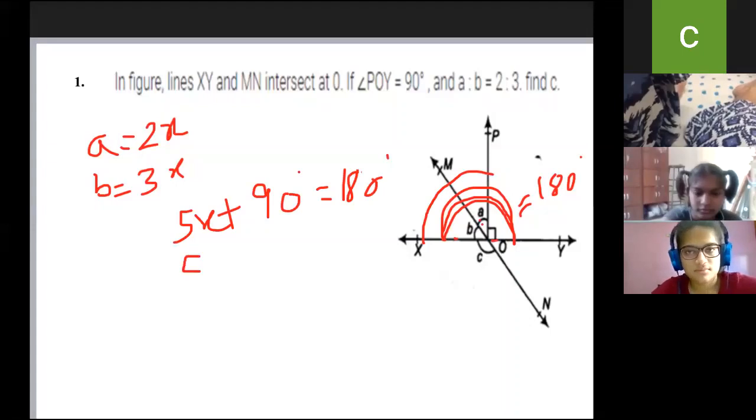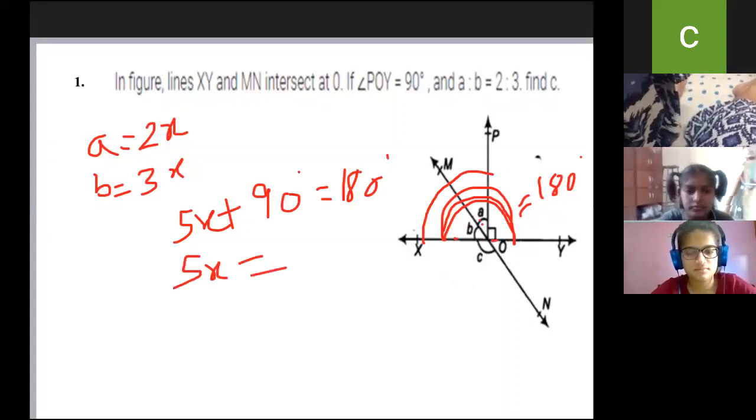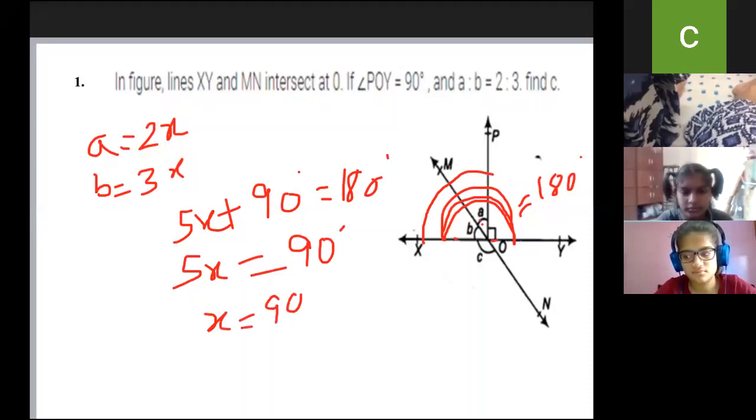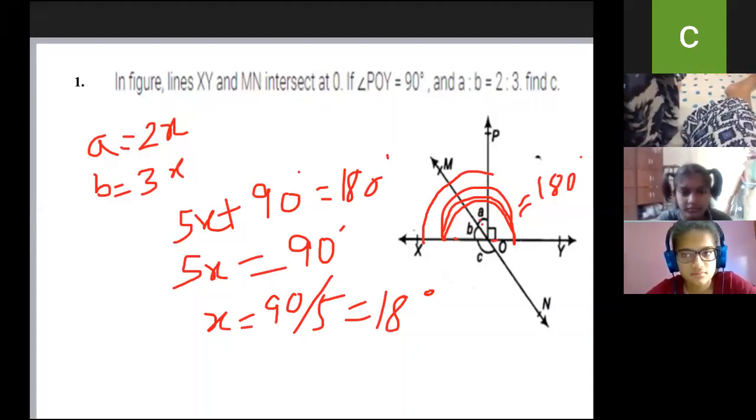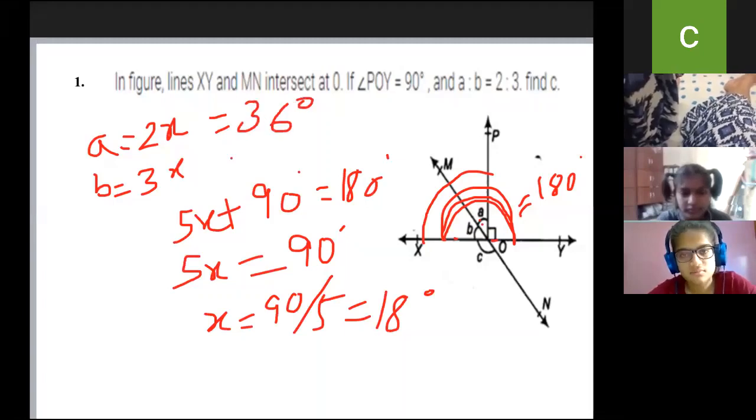So 5x equals 180 minus 90, which gives 90. x equals 90 by 5, which gives 18 degrees. Got it? Yes, ma'am. With x as 18, the value of A will be 36 degrees, 2 into 18. Similarly, 3 into 18 is 54 degrees.